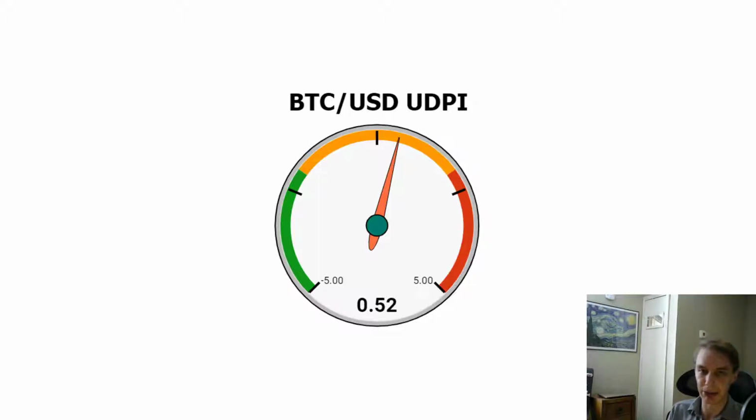Now, of course, anything could happen. We have no idea what's going to happen. Bitcoin could crash tomorrow. Bitcoin could go nuts tomorrow. None of this is a guarantee. But that is just the way that this value would be interpreted. That's what this model is suggesting. Again, none of this is financial advice. Do your own research. But I just think this is an interesting data point.